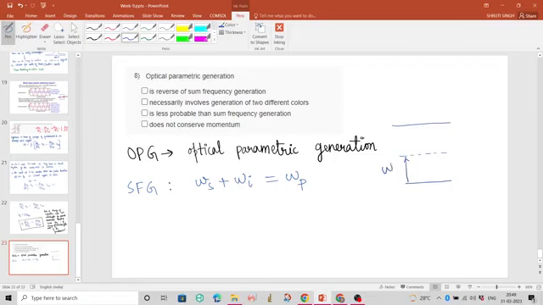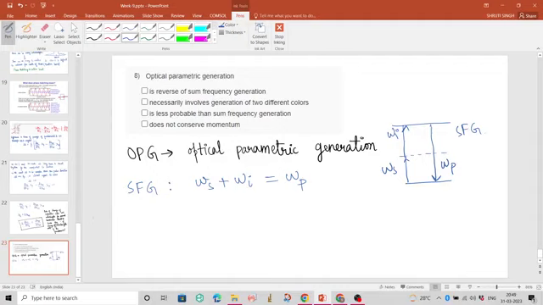So this is signal, this is idler, and this used to give the pump photon. So this was the sum frequency generation.